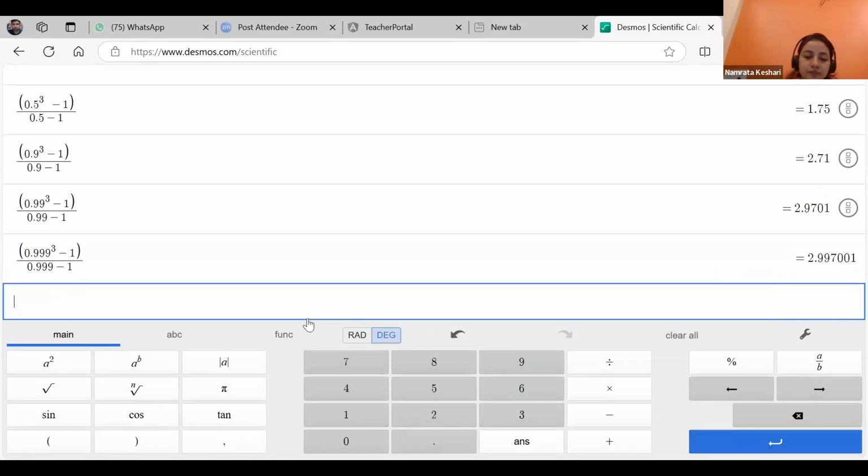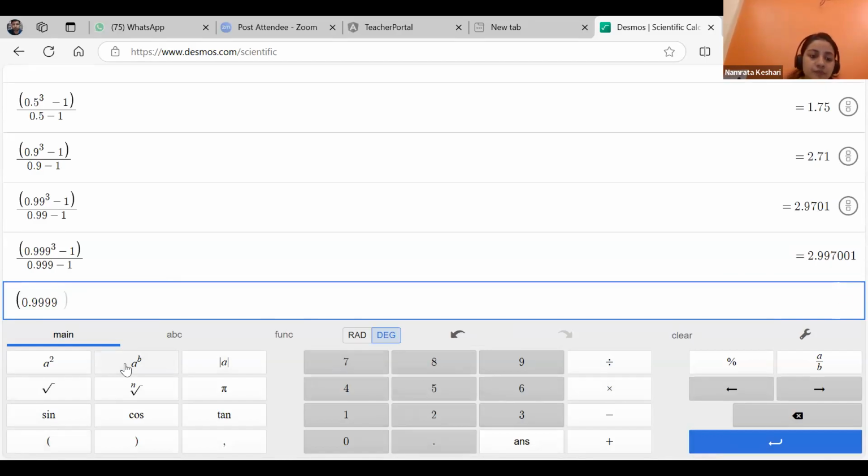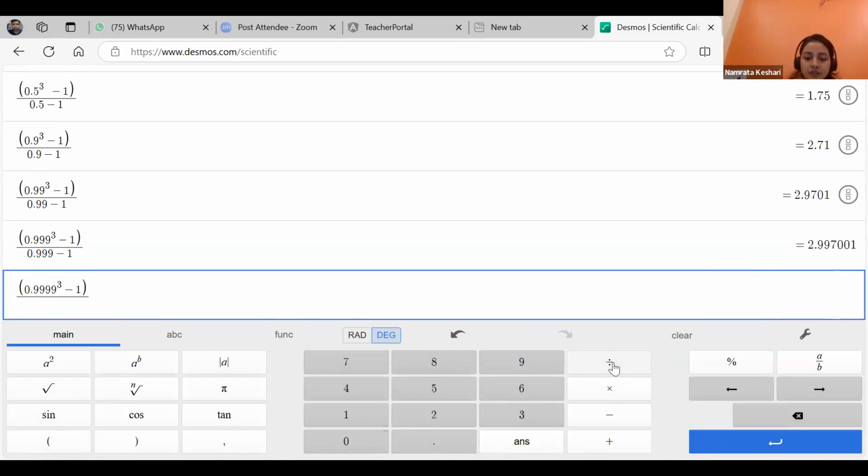Next, let's take one more time 0.9999, cube minus 1, bracket close, divided by 0.9999 minus 1.